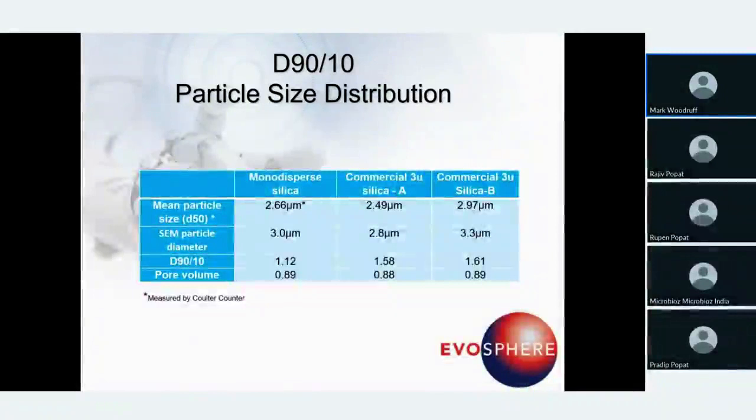So therefore, 3 micron being truly 3 micron particles with not much other sizes available in there. You can see on the monodispersed EVOSPHERE particles that we now have a D90/10 down at 1.1. So this is showing and proving that we have this very tight dispersion on the particles.